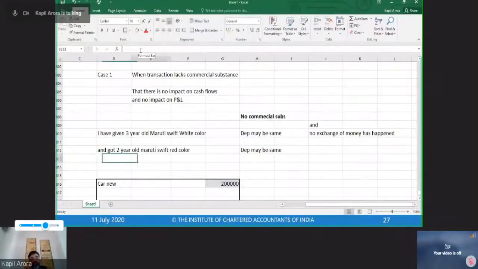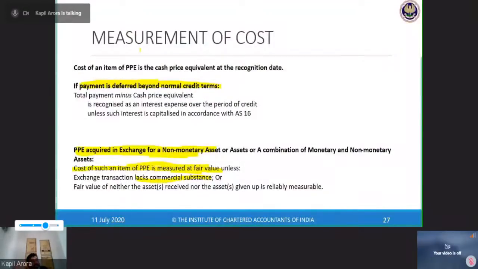But I don't know the fair value of the asset given and the fair value of the asset received. I don't know the fair value of any of these assets. If I don't know the fair value of any of these assets, again, the value will not change in the books. When there is no commercial substance or the fair value is not clear, then I keep the asset at the same value. The name of the asset gets replaced. That's it.